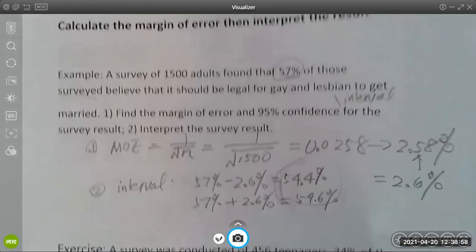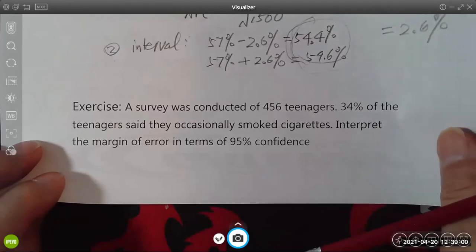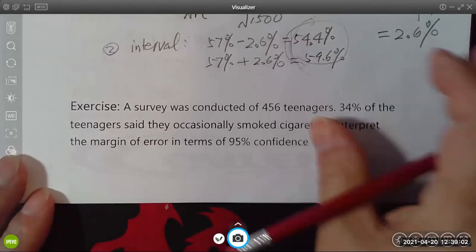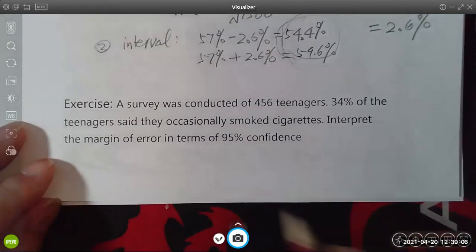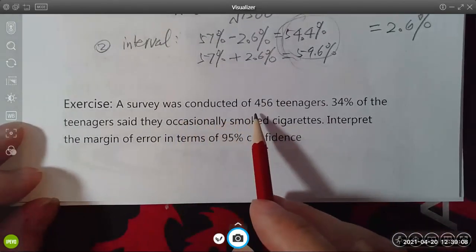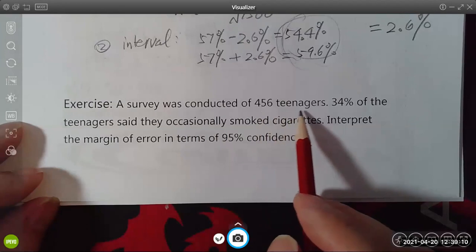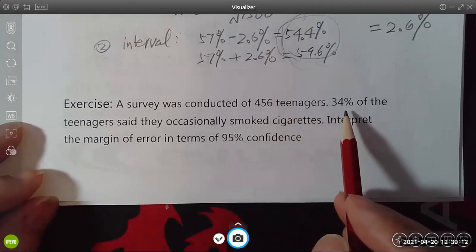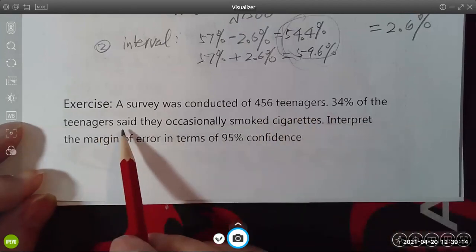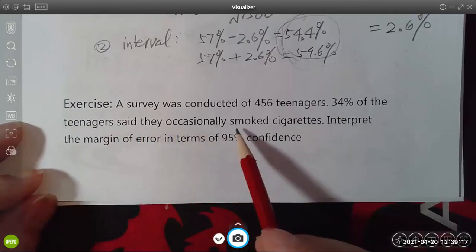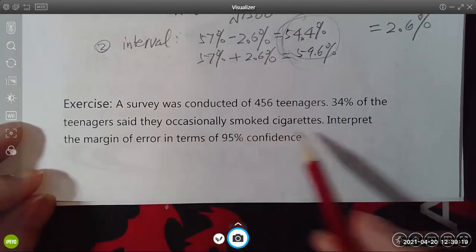Okay, let's look at another one. This one is called an exercise. Basically, it's very similar. I just do it as an example here. A survey was conducted of 456 teenagers. 34% of those teenagers said they occasionally smoke cigarettes.